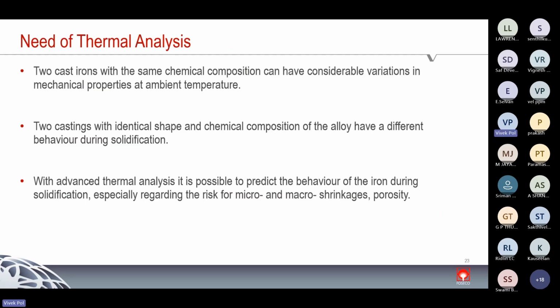because you know that two cast irons with the same chemical composition, their outcome, their microstructure, mechanical properties may differ, though the chemical composition is the same. Why?